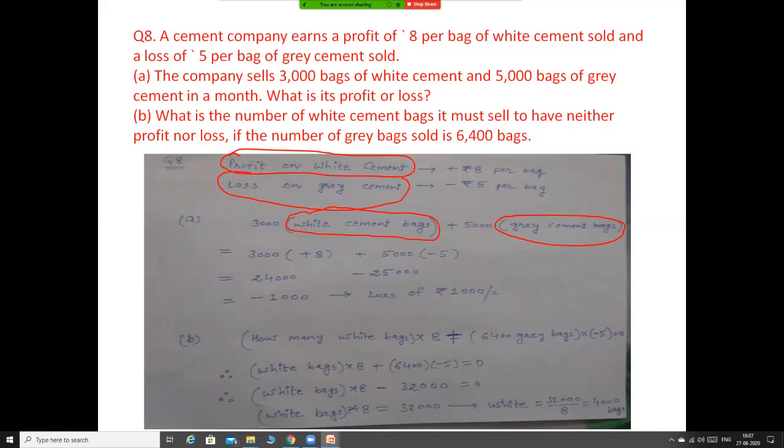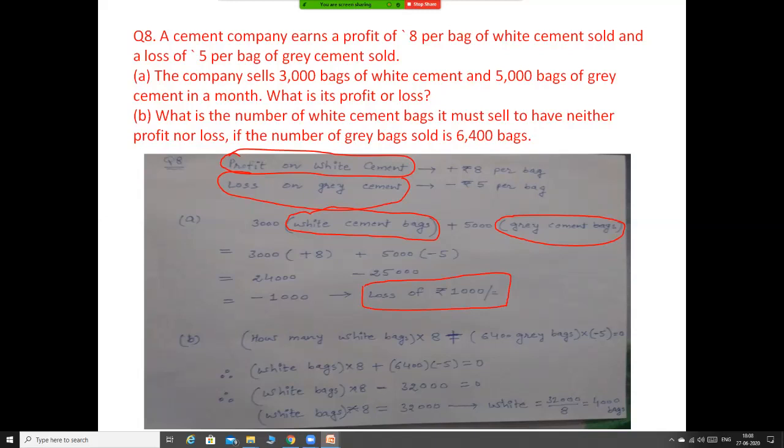So 3,000 into 8 is 24,000. 5,000 into minus 5 equals minus 25,000. So the answer is minus 1,000. Minus means loss, plus means profit. So there is a loss of rupees 1,000 under this selling condition.